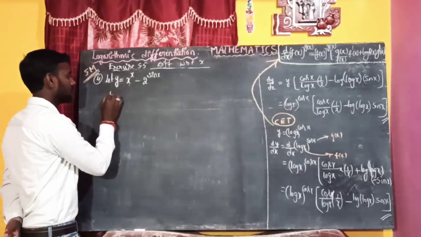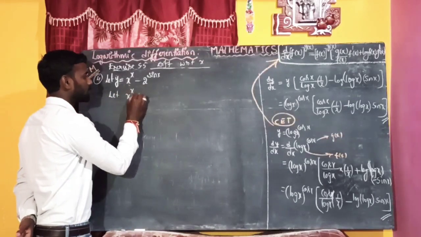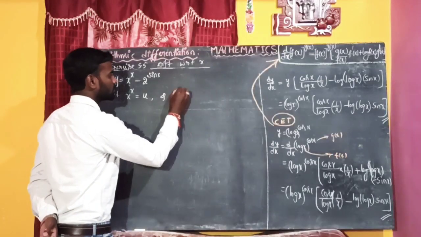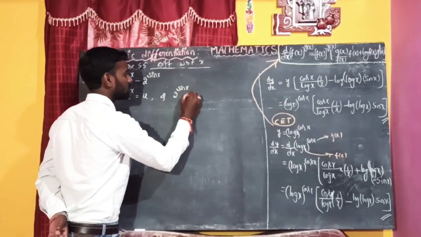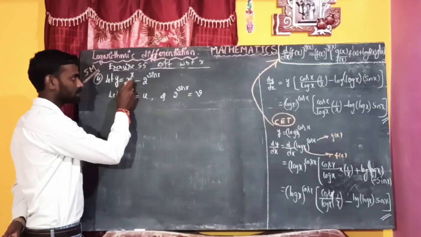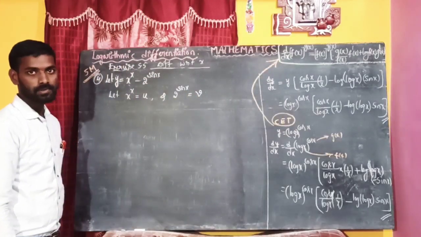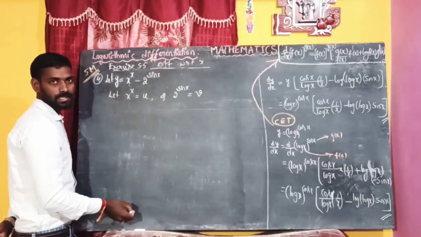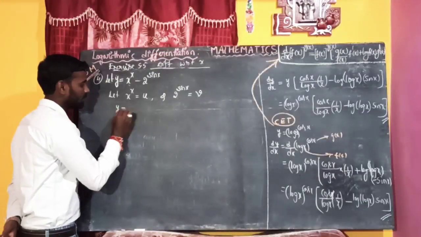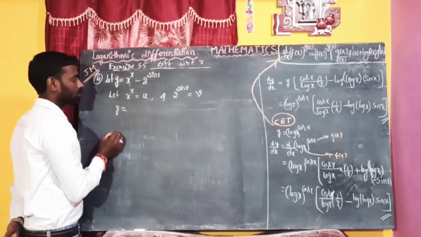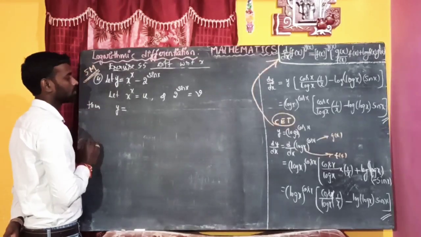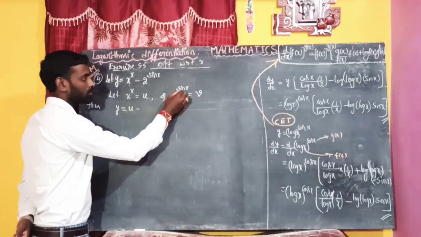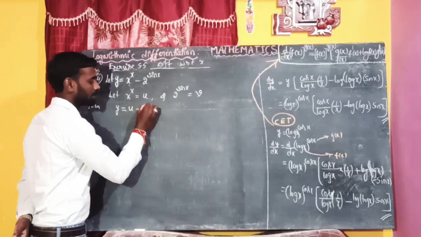Next, let x power x be equal to some u and 2 to the power of sin x be equal to some v. I will call this function u and this function v. Then the above equation becomes y is equal to u minus v.